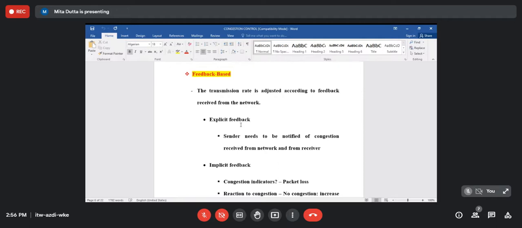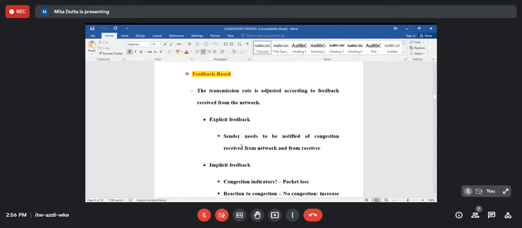One is known as the forward explicit congestion notification, FECN, and another is BECN, the backward explicit congestion control signal.